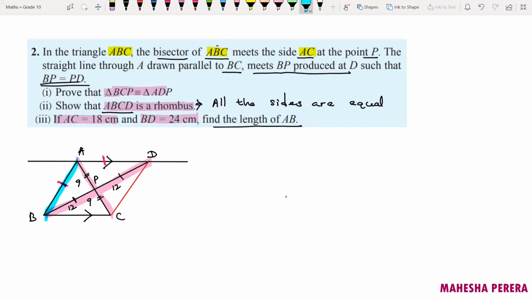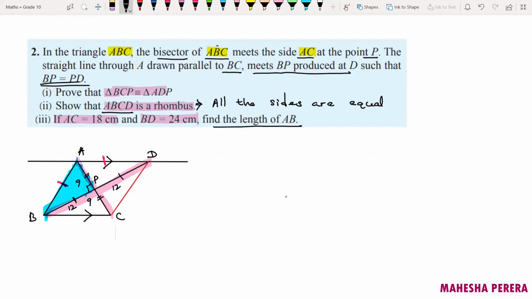Right, now when you consider this triangle, what type of a triangle is this? This is exactly a right angle, right? Why? Because we know this angle is a right angle. Why? Because diagonals of a rhombus bisect each other at right angles, right?